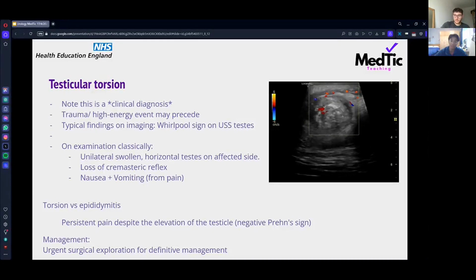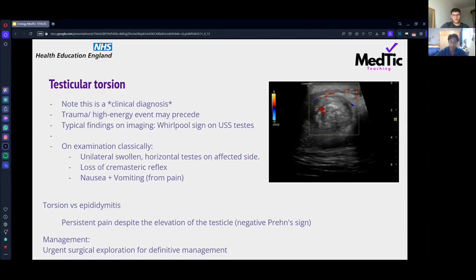If you do take them to ultrasound or scanning of some sort, you would see what they call a whirlpool sign. If you look on the right-hand side of that image, you can see a whirl effect, and that's what you would see if you have a quite severe torsion.